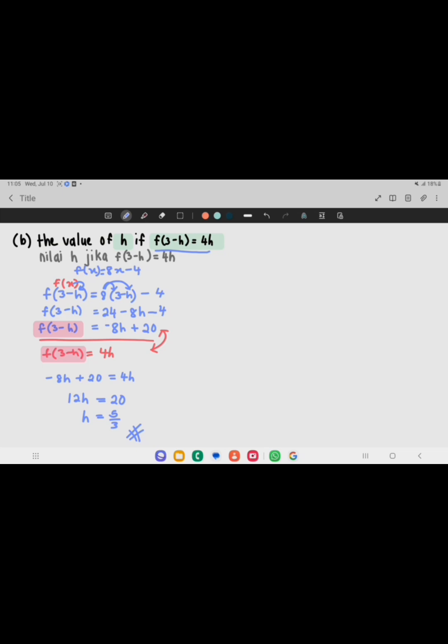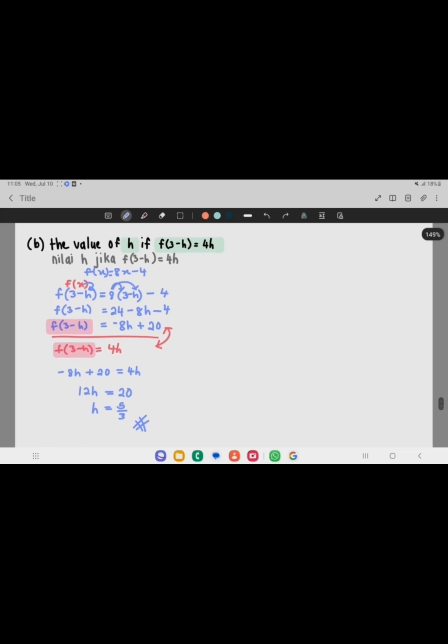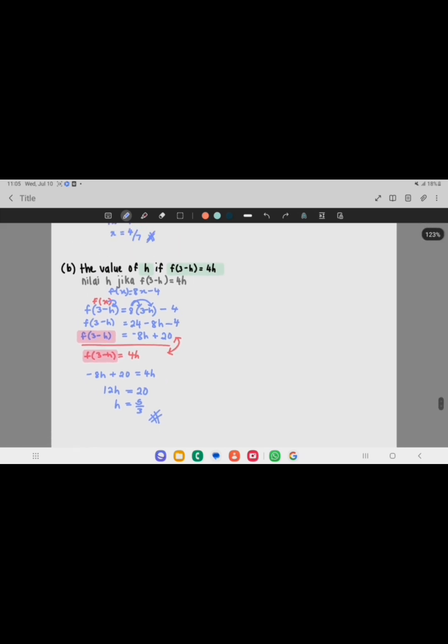If you can find your own F3 minus H, then you will get something like this. And then you notice that there are two same things existing as the subject, which is F3 minus H. So when there are two same subjects, you can actually compare them. If you guys don't understand, there's another example I'll explain later on. But this is the kind of question involving the comparison method.